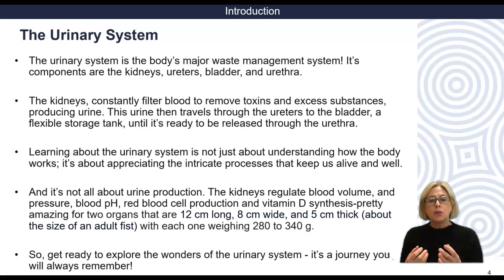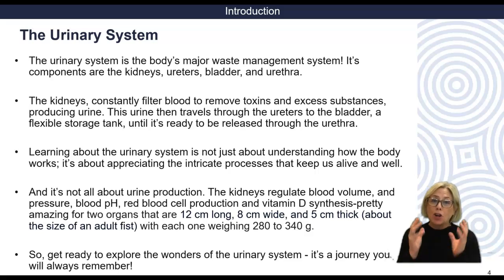This urine then travels through the 2 ureters to the bladder, and the bladder is like a reservoir or a flexible storage tank. It can expand and then it can shrink back when it empties. And it stores that urine until it's ready to be released through the urethra, where it's then permanently removed from the body.